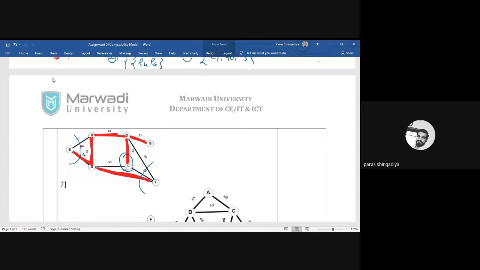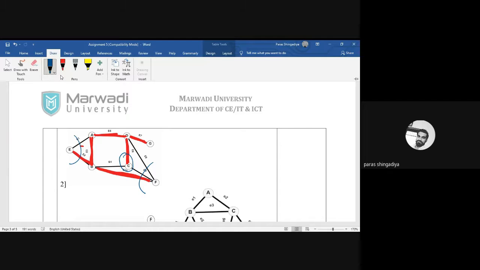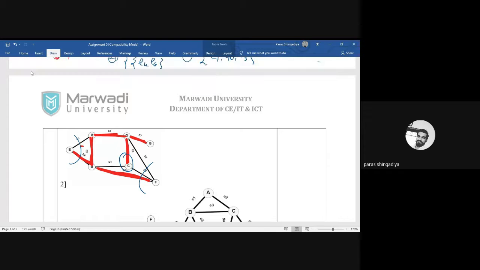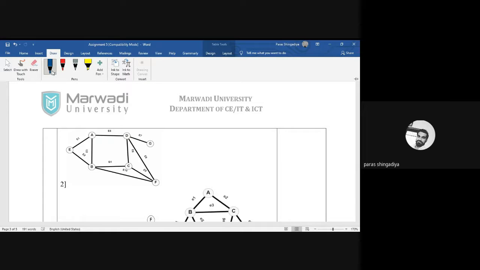Okay, if you change the spanning tree, suppose let's change the spanning tree here. Right now three answers are possible. Let's change the spanning tree. Change the whole thing. Okay, consider another edge in place of that. Then you will get a different answer.